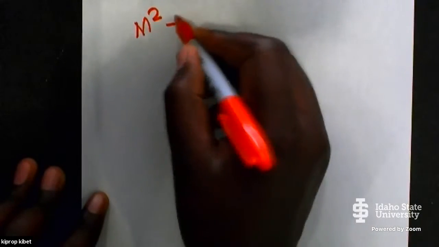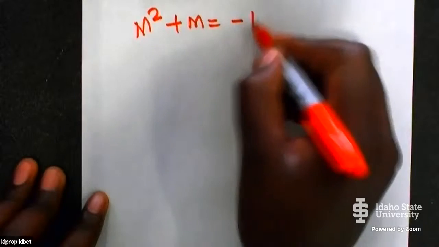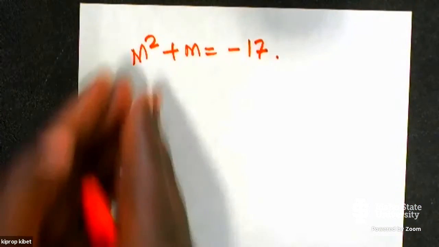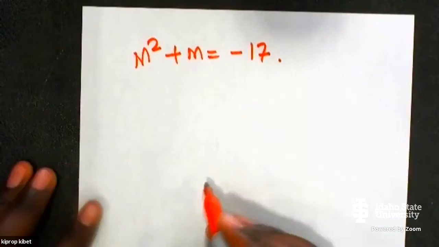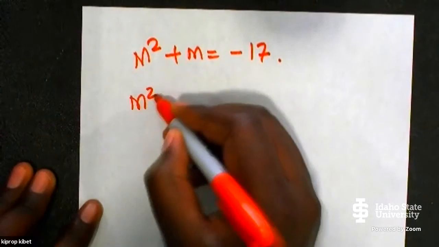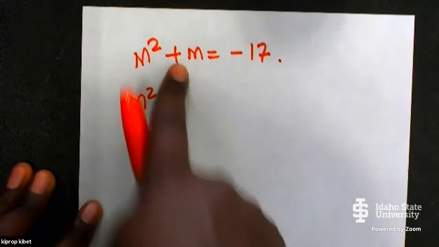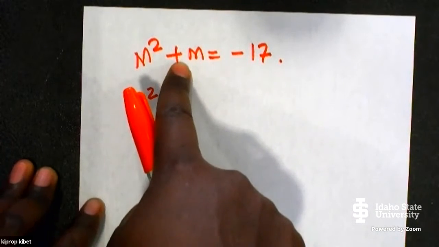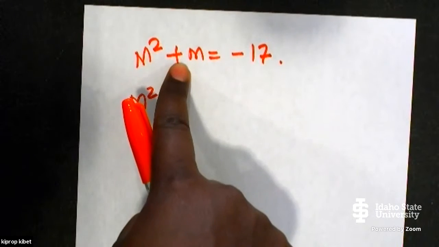Now, when we come back to this equation, we have m squared plus m equals minus 17. Using the same method here, m squared plus m, our coefficient is 1, right?